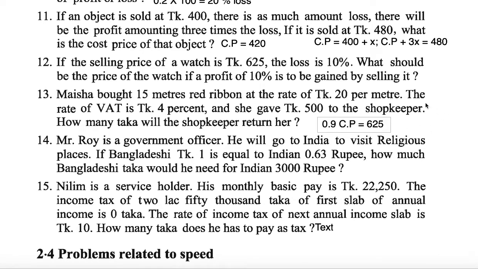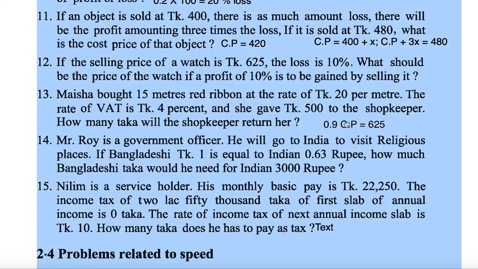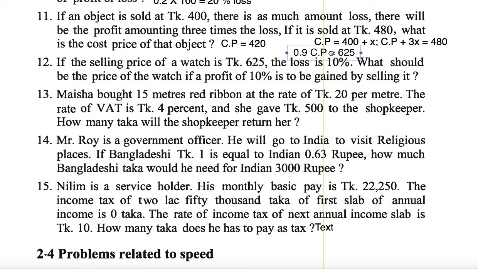So 764 or 763.88 is the answer. Minus 625, that is 138.